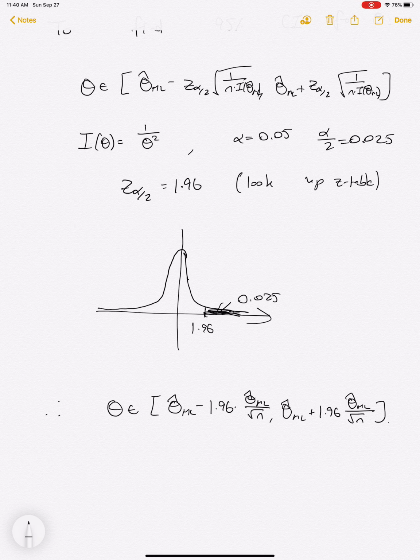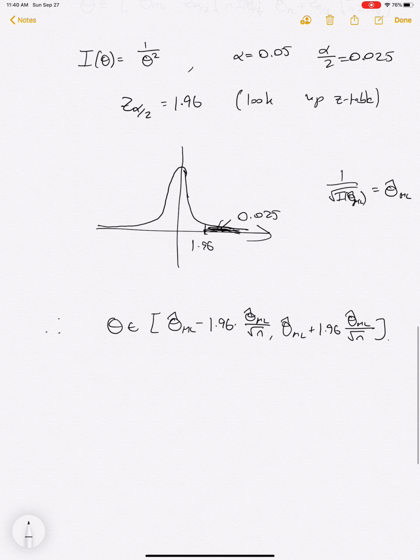Okay, so because we have that I of theta is 1 over theta squared, then we can say that 1 over square root of I of theta hat ml just is equal to theta hat ml, which is very convenient.